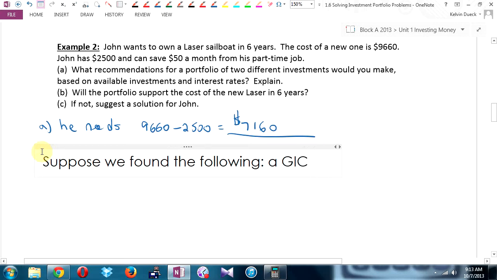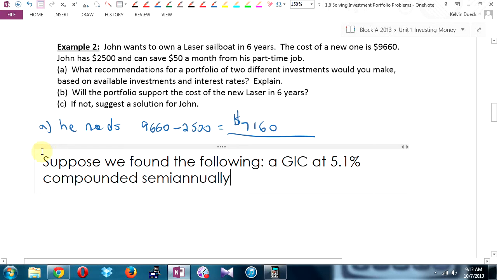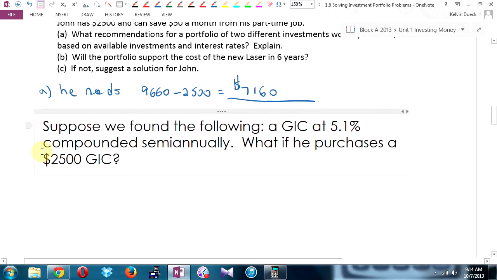A GIC at 5.1% compounded semi-annually. What if he purchases a $2,500 GIC? Sorry I didn't include this in the question.